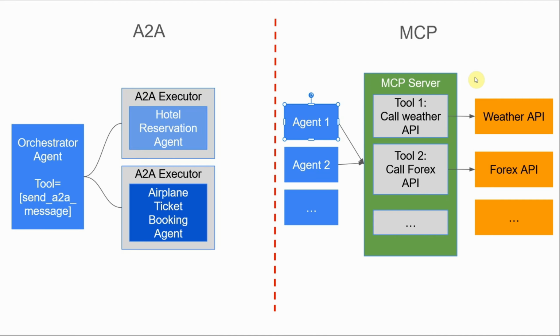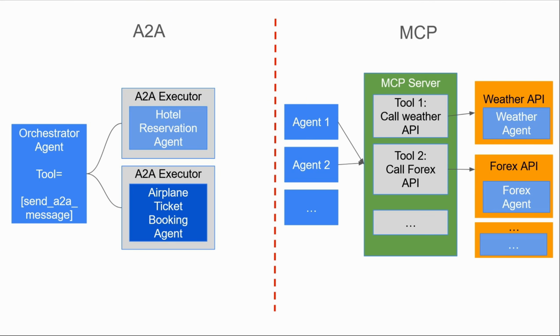So can we use the MCP protocol to orchestrate the agent? The answer is yes, we can do that. Here, instead of just providing the API, we can deploy the associated agent behind the API endpoint.